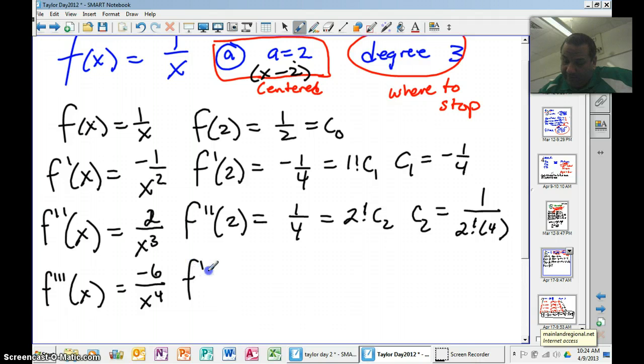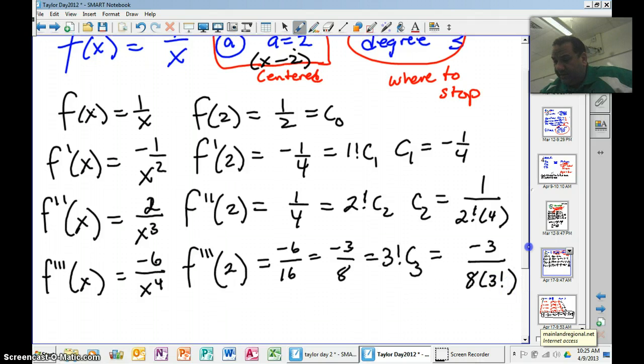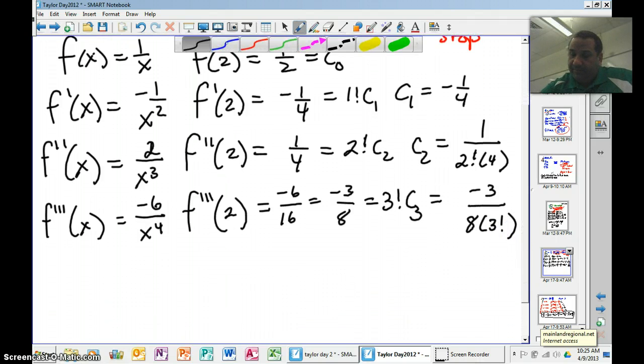And the third derivative at 2: 2 to the 4th power is 16. So it's negative 6 over 16, and if I make that nice, that becomes negative 3 over 8 equals 3 factorial C3. C3 then equals negative 3 over 8 times 3 factorial.